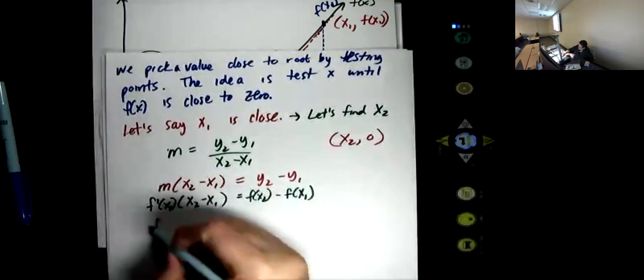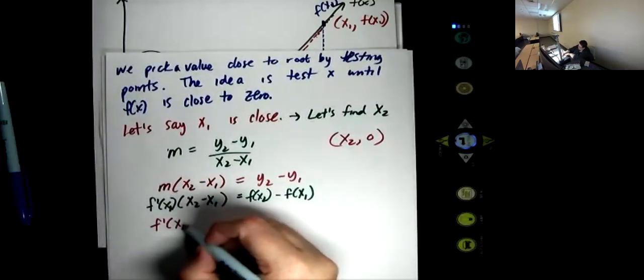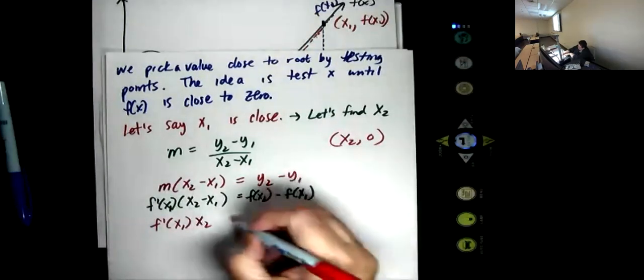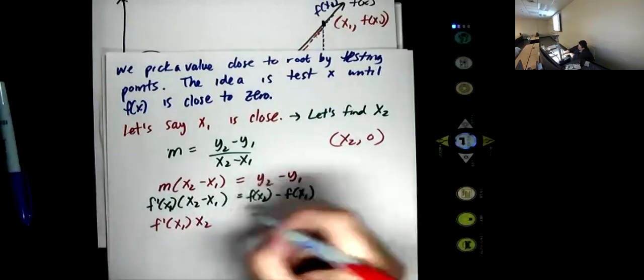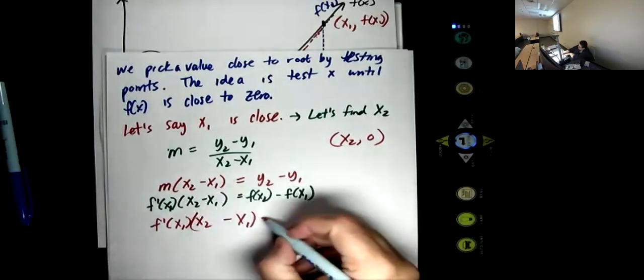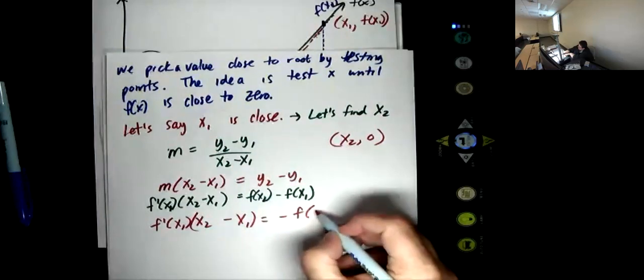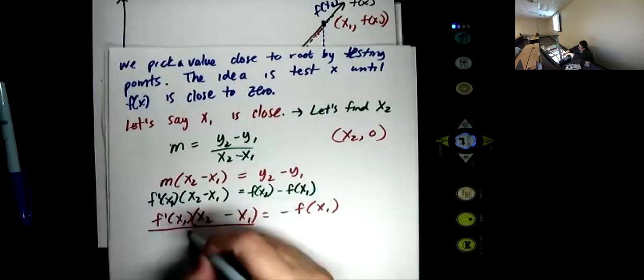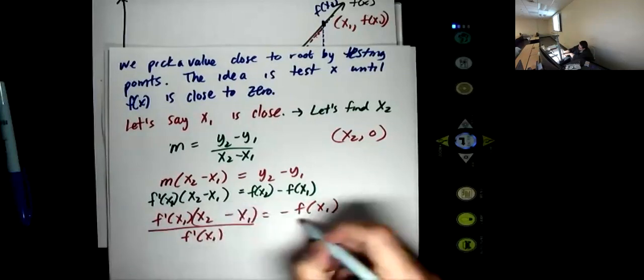So this becomes f prime of x1 times x2. Well, no, let's not distribute it. We can just divide. This is just negative f of x1 right now. We'll divide both sides by f prime of x1.